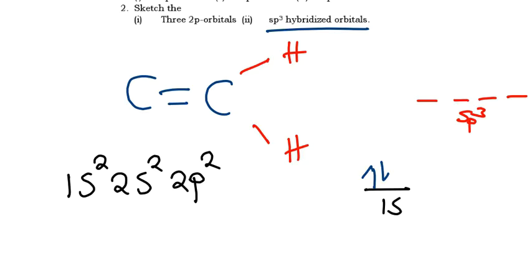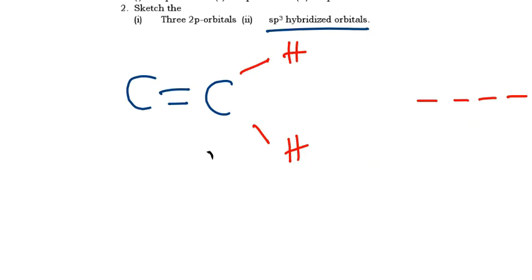Okay, that's what basically happens. Now the bonding that is going to happen there, for the hydrogen it's in s, right? And then for the carbon it's sp3 hybridized orbitals.